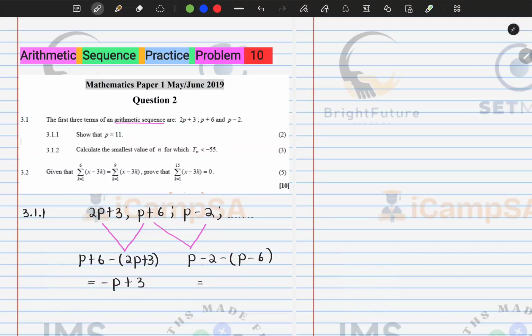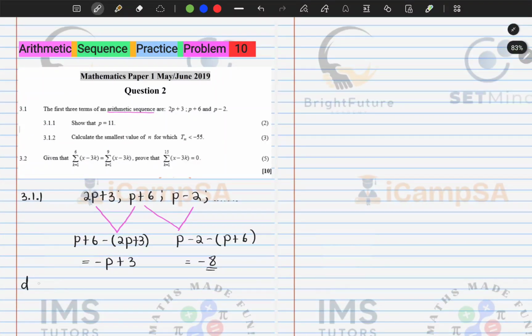And then on this one, the p's will cancel, and we'll end up getting negative 8.